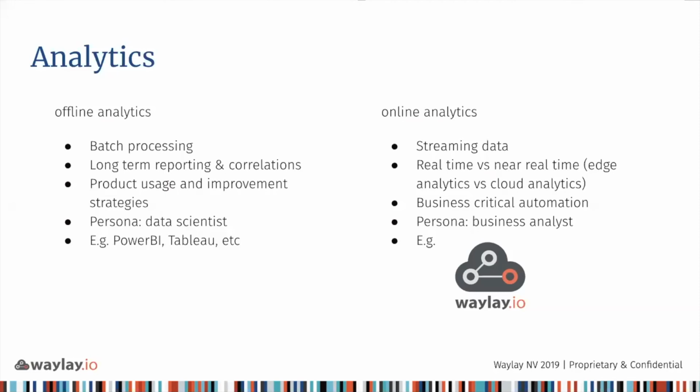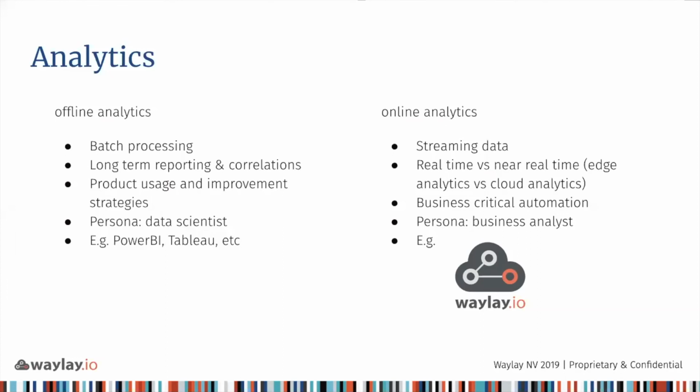Right, and the typical usage is not in an operational context, but more from a product management point of view, where you're going to look at, okay, how is the product used? Can I change my marketing strategy? Do I need to improve some parts of the product that are not used or not well used, etc. That is not the subject of today.